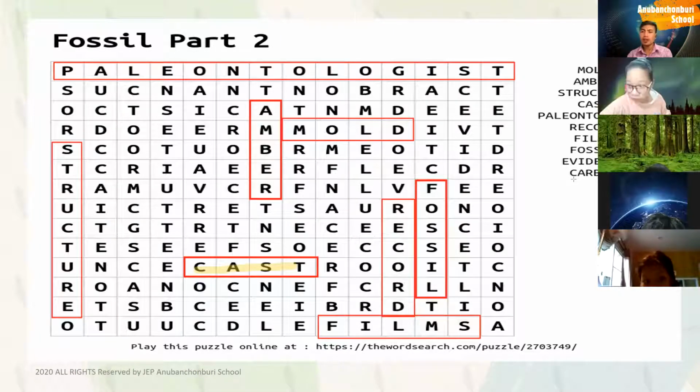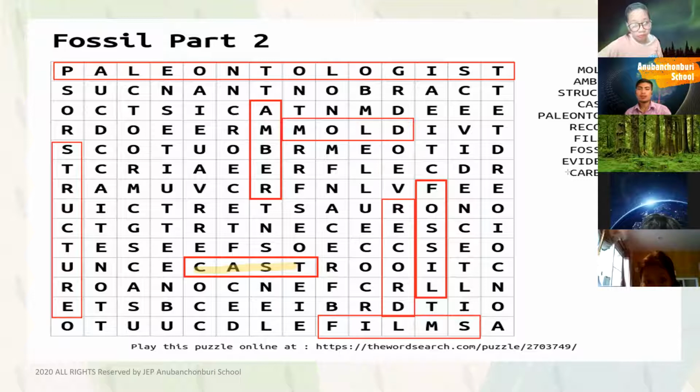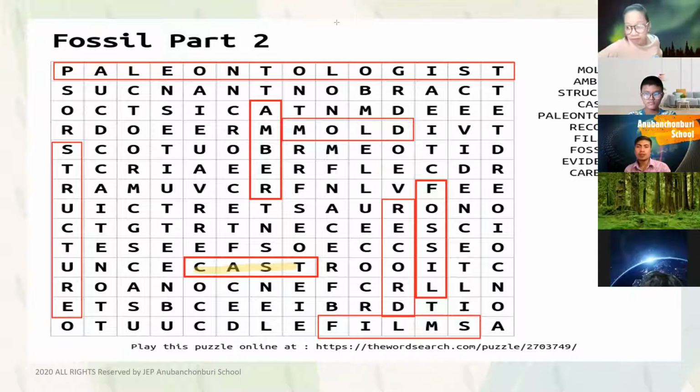Can you find the word evidence? Anybody can find the word evidence? Okay. Let's see. Those people are always participating already. What about the others? Maybe Tanakit, do you want to answer?